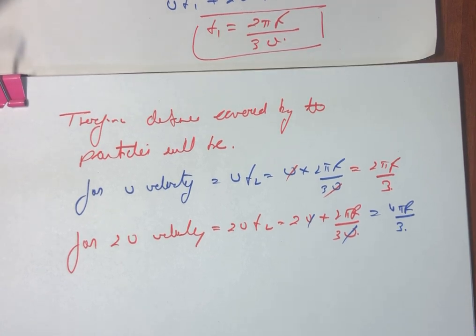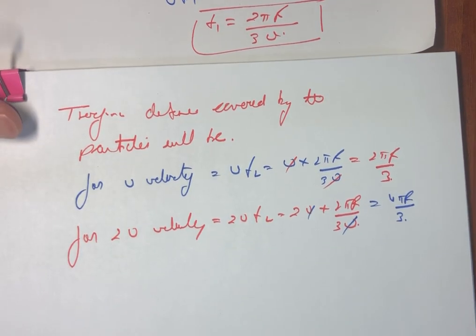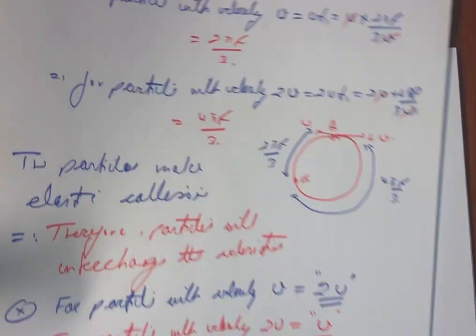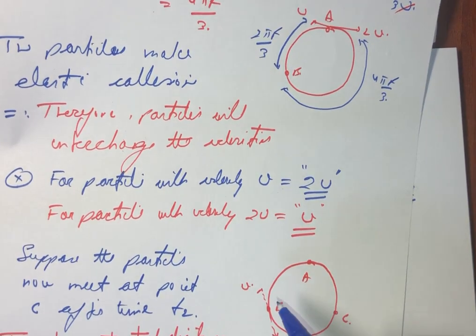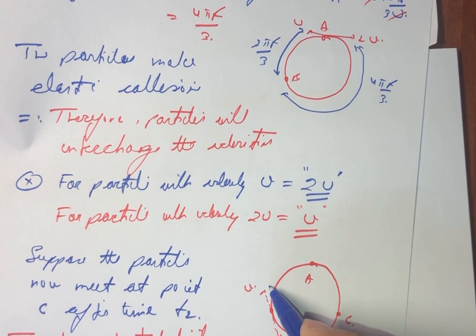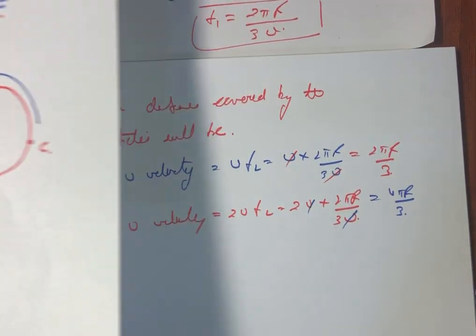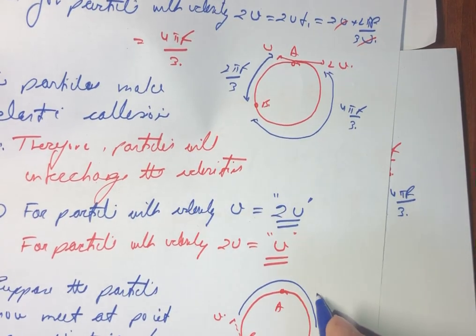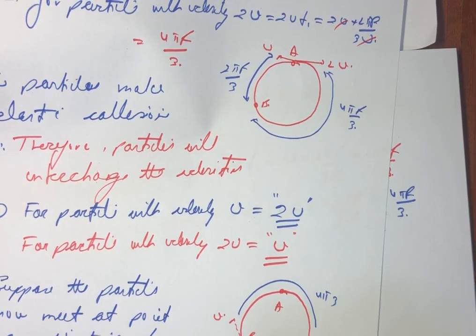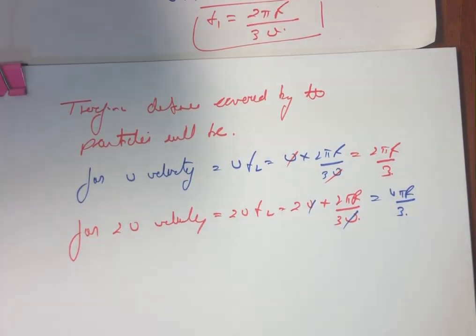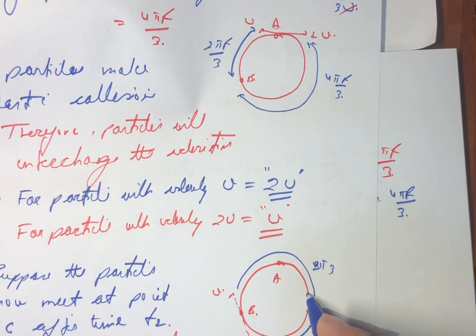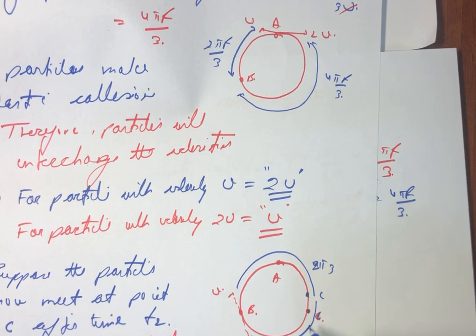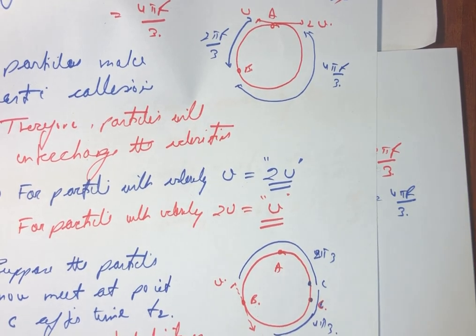Therefore in this case we can say that this is point C, so the distance covered by v, this distance, will be equal to 2 pi by 3, and this distance, point C will be somewhere here because this is the longer one, so this distance will be coming as 4 pi by 3.